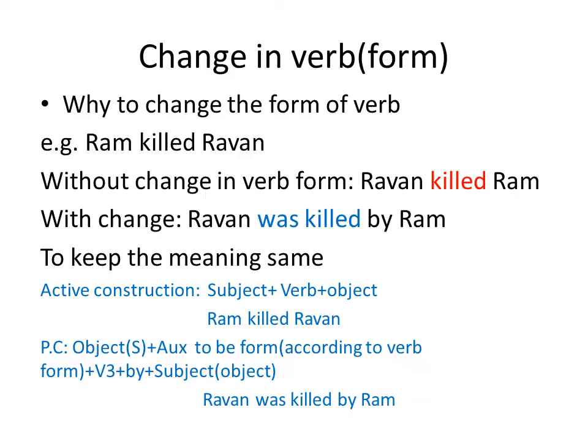Let's see an example without changing the verb form. For example, Ram killed Ravan. If we don't change the verb form, the sentence will be Ravan killed Ram. So the meaning of the sentence is totally changed. For keeping the meaning the same, we have to change the form of the verb, like: Ravan was killed by Ram.